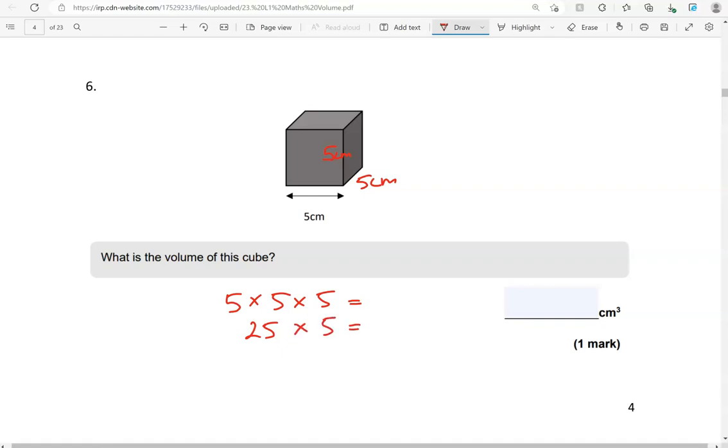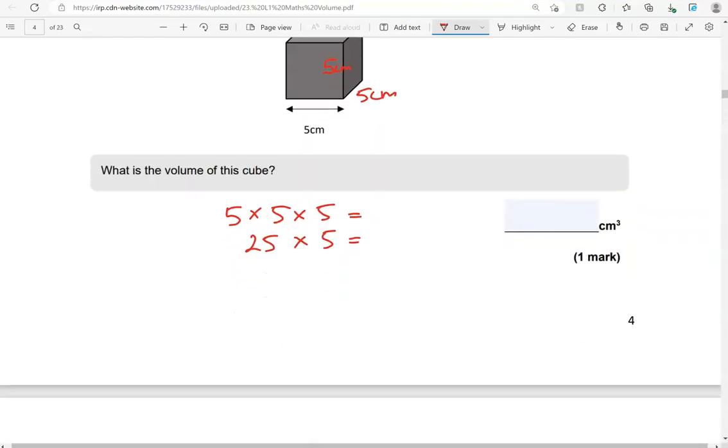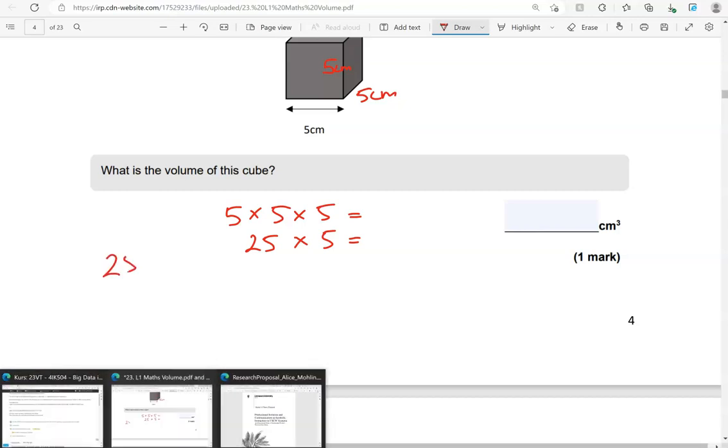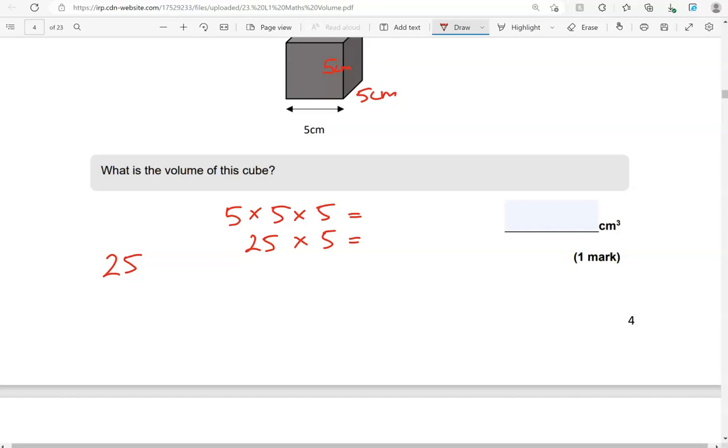So we'll do 25 times 5. Five times 5, again 25. So 5 down, 2 carried over. 5 times 2 is 10, and the 2 is 12. So 125 cubic centimeters.